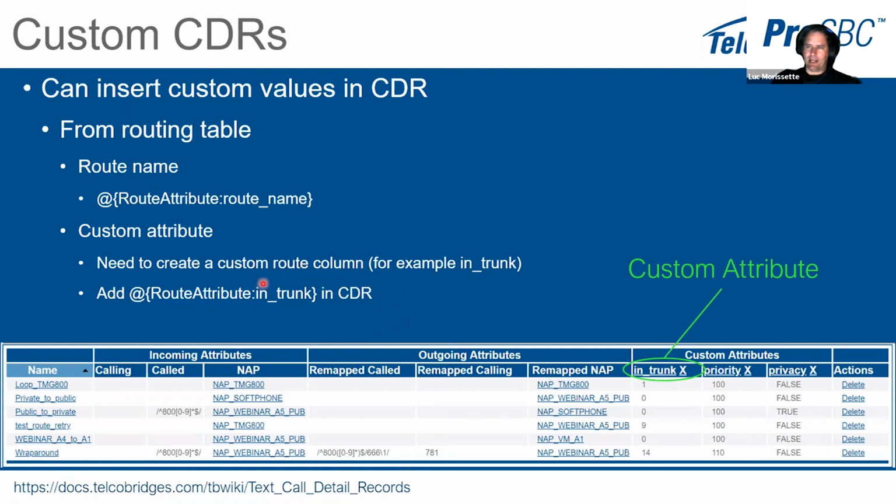This is a good example here. Route attribute in trunk. So you use the custom attribute that you have put here, and in the CDR box I showed you earlier on, you just add this, and it's going to display this value in the call detail records. If it's the route name, then you just need to put here, and the route name is actually this name here.